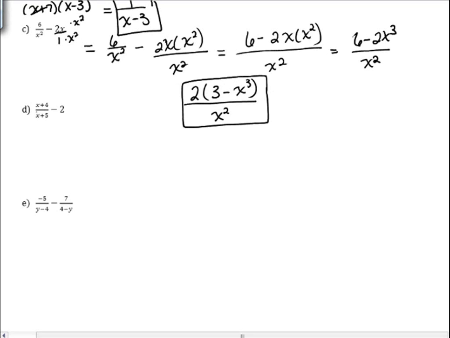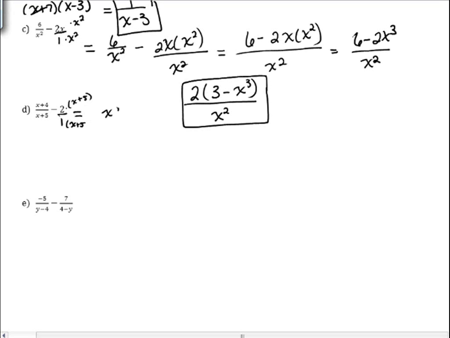In example D, we have (x + 4)/(x + 5) minus 2. Again, we can write the 2 over 1. Our common denominator this time is going to be x plus 5. So we'll need to multiply this by x plus 5 on both the top and the bottom.